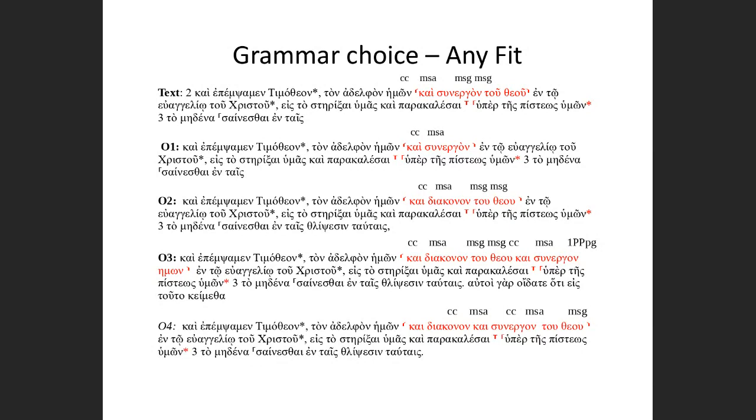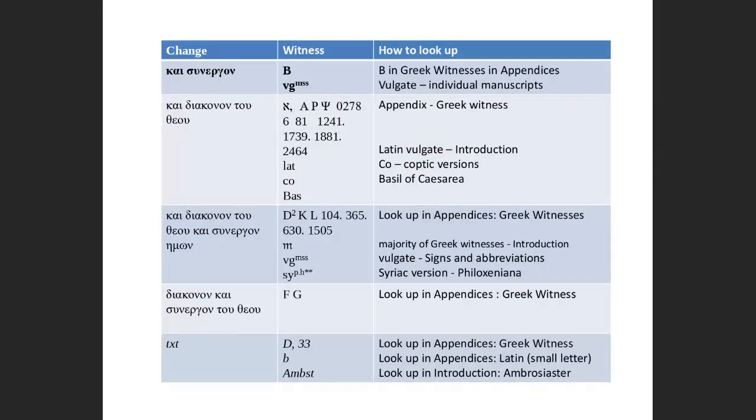What about kai diakonon tou theou, kai sunergon humon? Okay, same description, it fits. It's got a little noun phrase and a few genitives in there, but it basically fits. And the fourth option, kai diakonon kai sunergon tou theou, again fits the grammar. So we have a grammar fit.